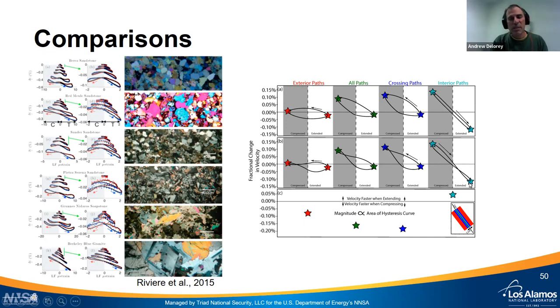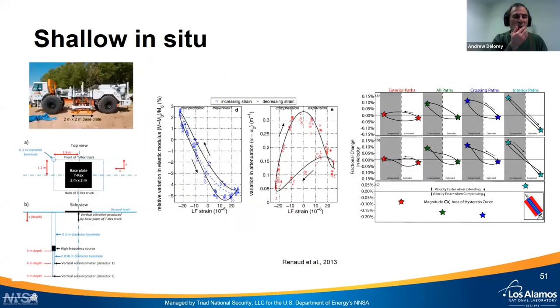So that's the best comparison I can make with the laboratory study. There's also an in situ study here that was done with a vibroseis truck. This is the picture of the truck, and then here's a schematic of the experiment down below.